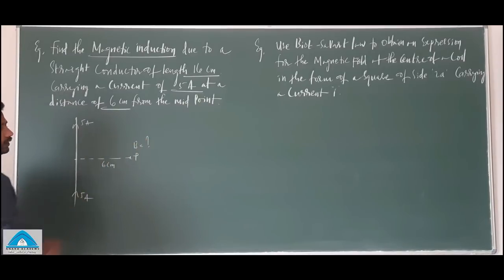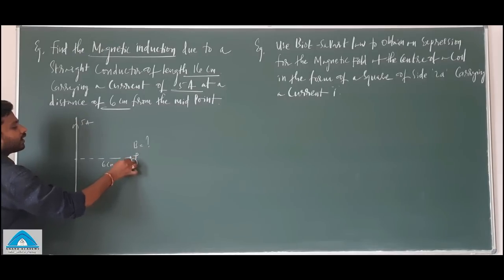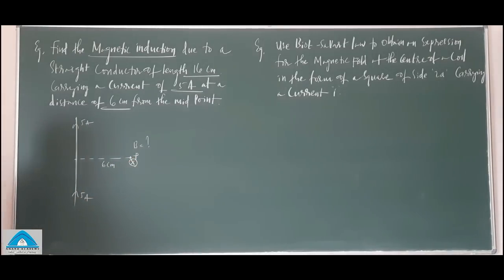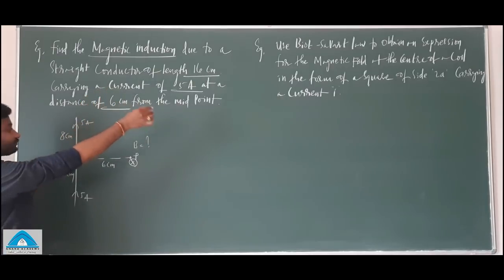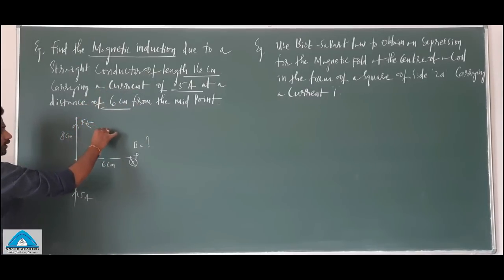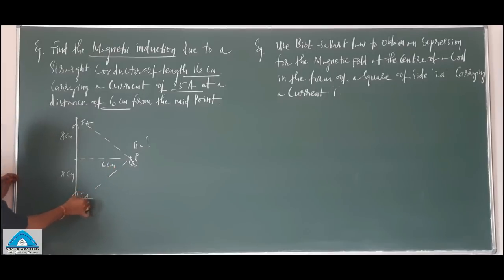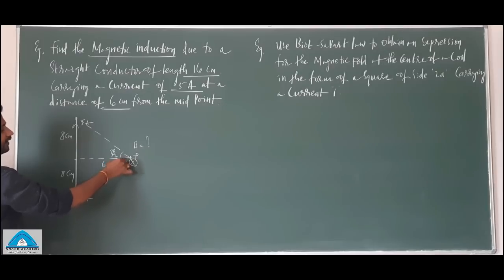As the current is flowing in this direction, by using the right hand thumb rule, you can find that at this point P, the magnetic field lines are into the plane. The total length is 16 centimeter. You can write it as 8 centimeters, and this is also 8 centimeters. Now, what is phi 1 and what is phi 2? This is phi 2 and this is phi 1.